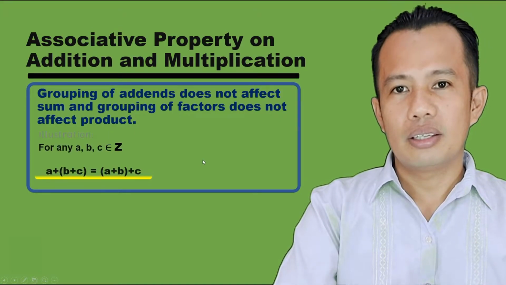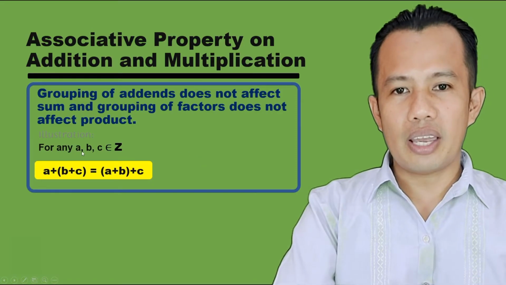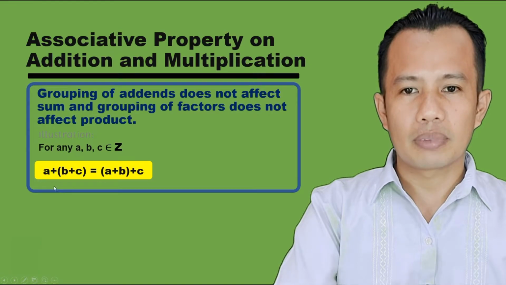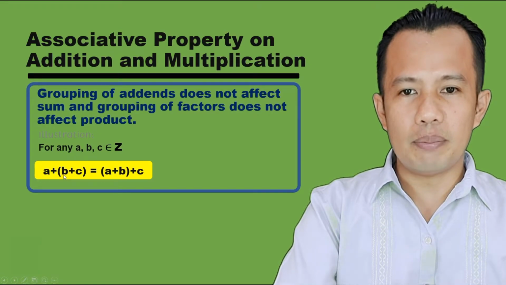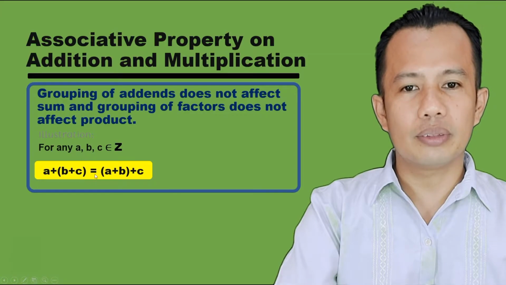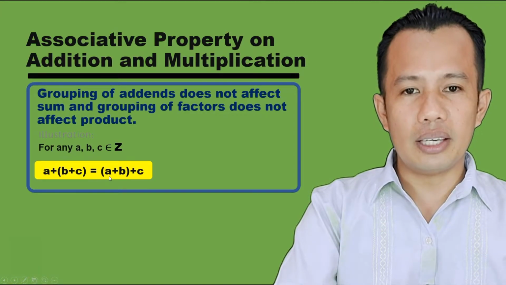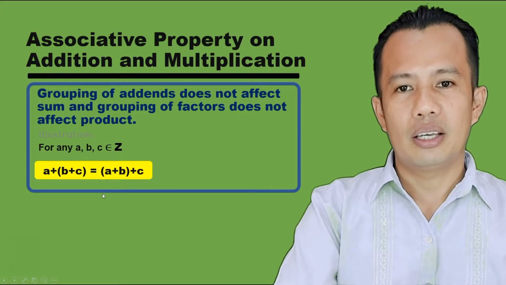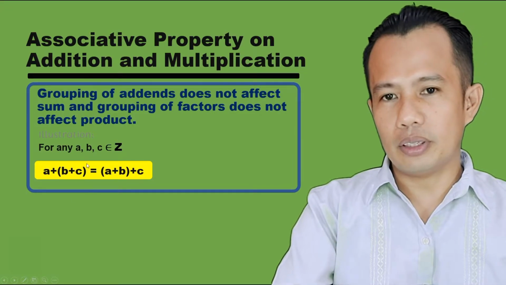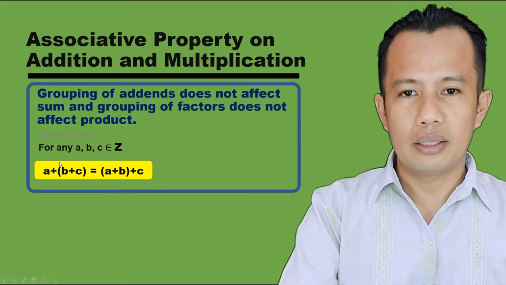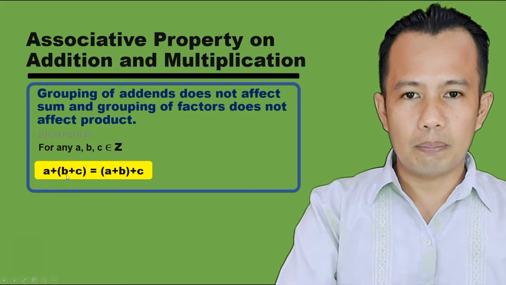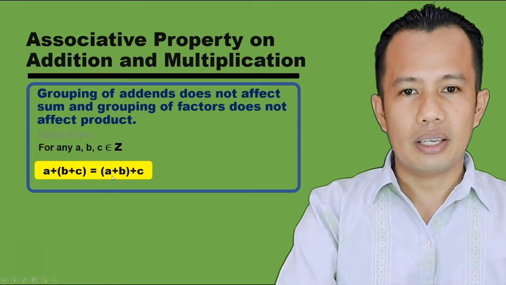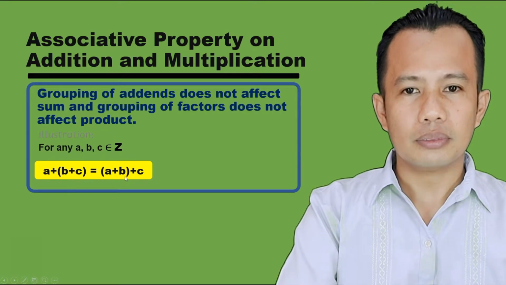Let's see the illustration. For a, b, and c elements of the set of integers, a plus the quantity b plus c is equal to the quantity a plus b, plus c. The grouping on the left part of the statement is b plus c. On the right part of the statement, a plus b.